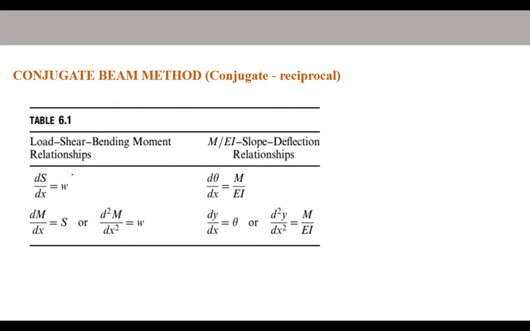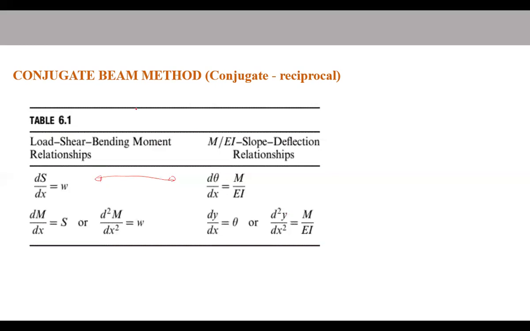Do you see a similarity between these two? Any similarity? Here, instead of shear force, we have slope. Here, instead of bending moment, we have deflection. So it looks similar.